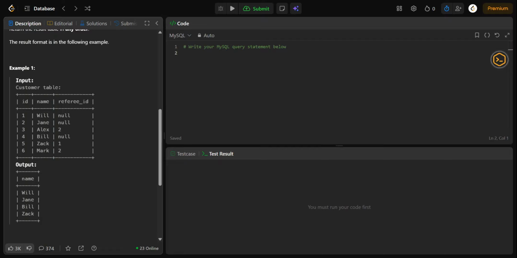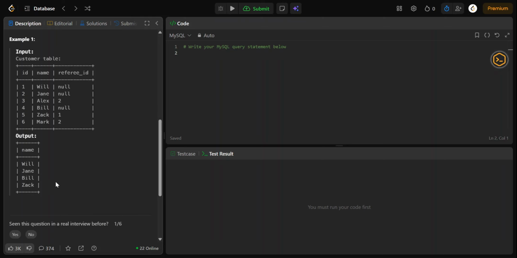For Bill, the referee ID is null, so we will include. For Jack, the referee ID is 1, so we will include because it's not equal to 2. Mark, referee ID 2, we will not include. So the final output will look like this: Will, Zen, Bill, and Jack.